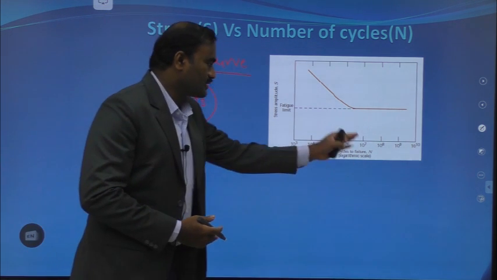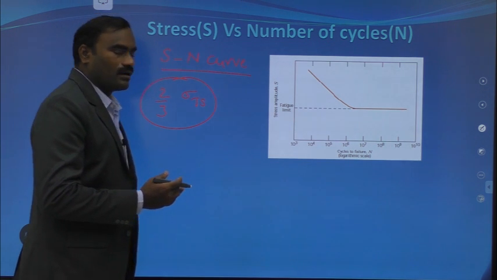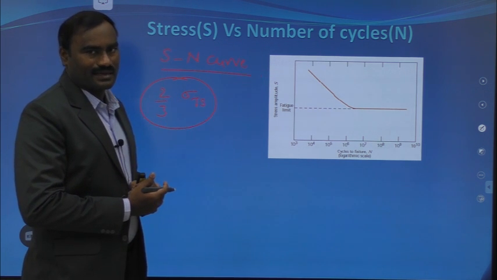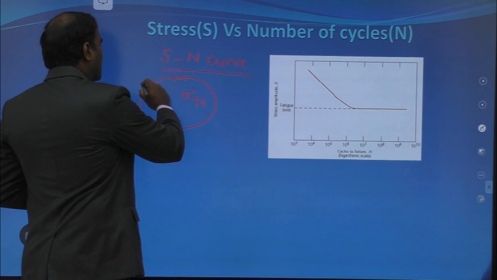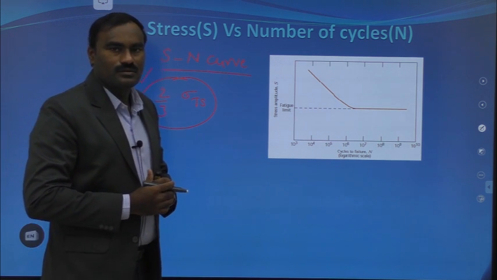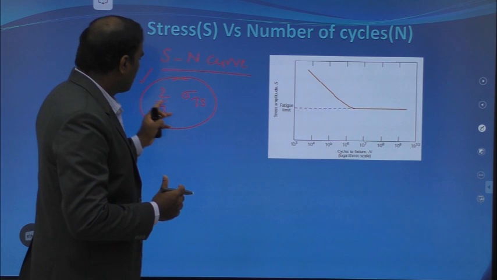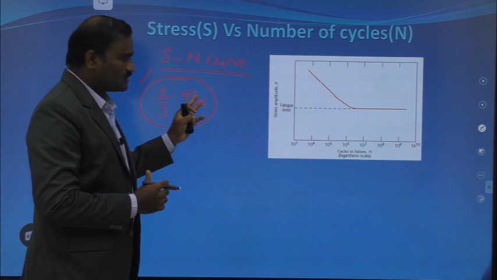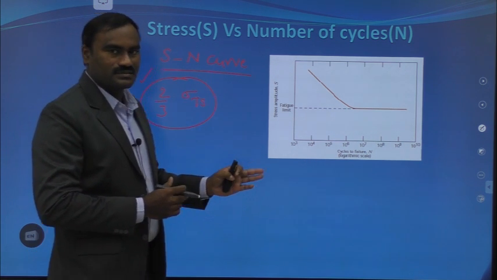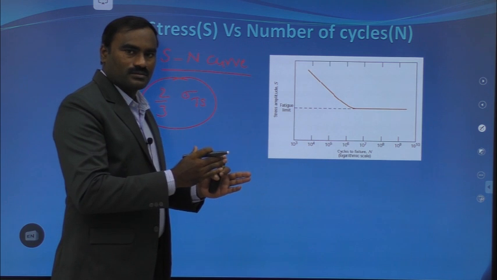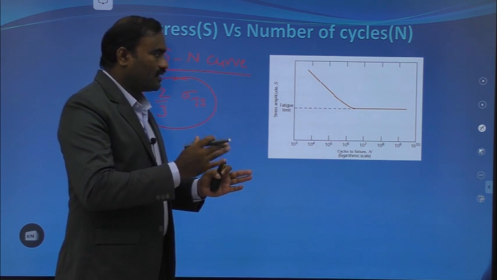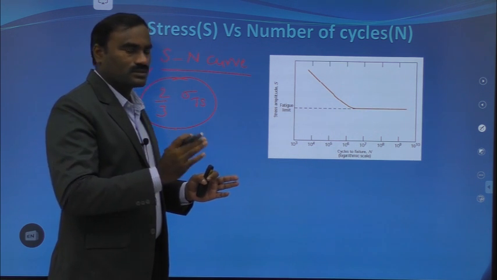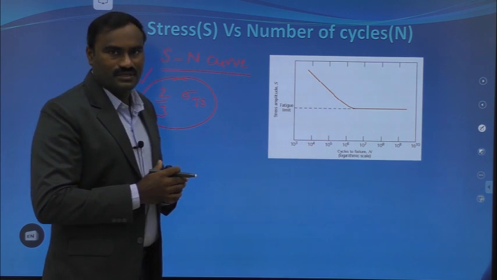That means we count the number of cycles, and see for how many cycles it takes for the fatigue failure to occur. That is how a fatigue failure is experimentally determined. After a particular number of cycles, the material breaks into two pieces. That gives the fatigue failure of the material.